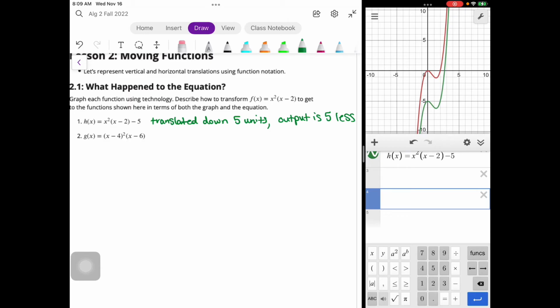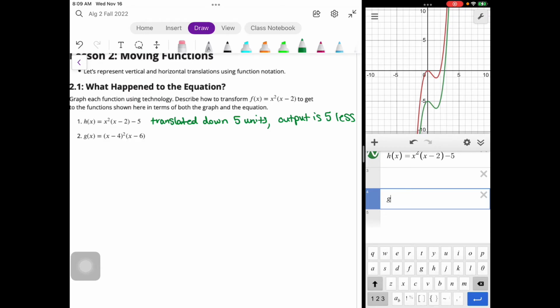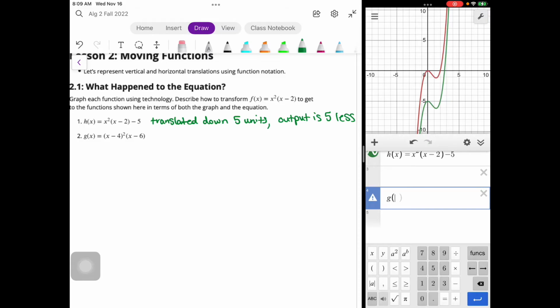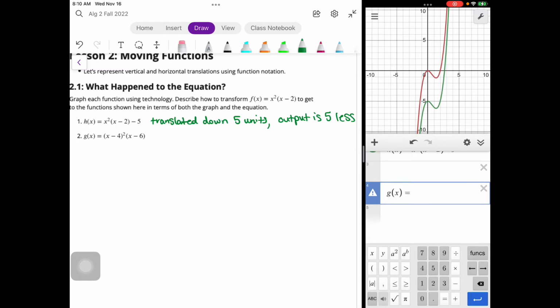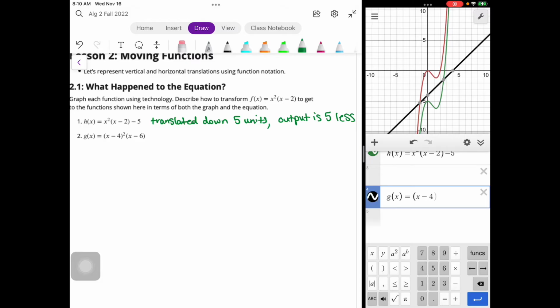So now let's take a look at our g of x function. That equals x minus 4 quantity squared, and then times x minus 6.